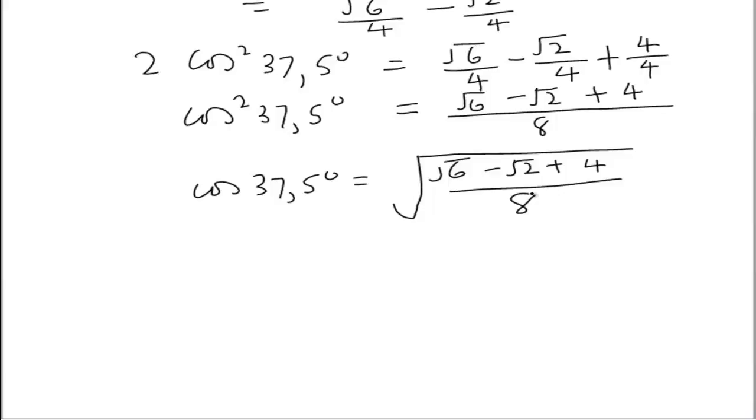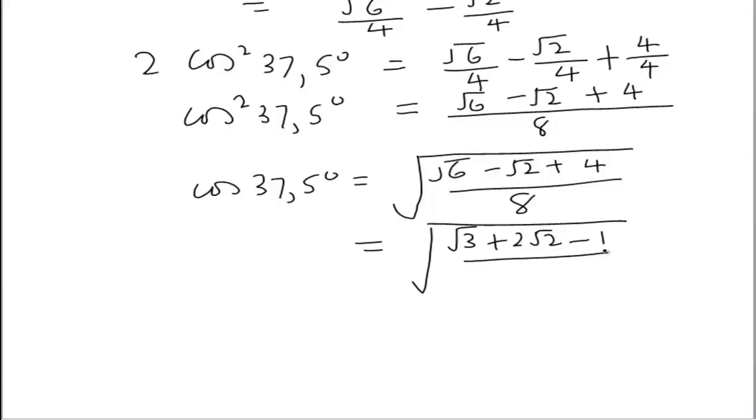Now you would notice that your multiple choice gives you an answer which doesn't appear like yours, but if you actually work through this, simplifying, you will see it's actually equal to root of 3 plus 2 root 2 coming from the 4, minus 1, all over 4 root 2.